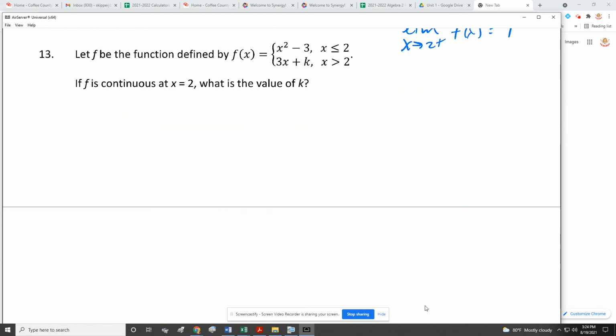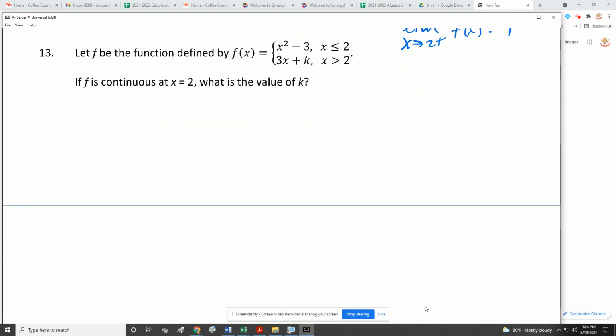Okay, and then 13. 13 is this last step we did. So we have this piecewise function, and if f is continuous at x equals 2, what has to be the value for k? First, I'm just going to double check that one of these at 2 has an or equal to bar, so that's good. It's possible for this to be continuous.